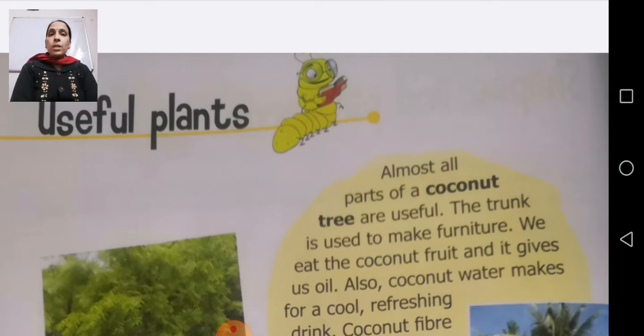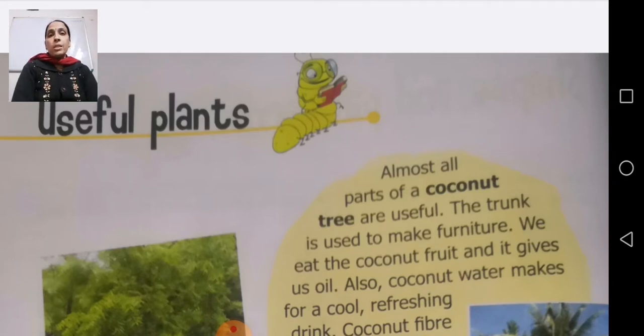So today these plants are related to medicinal uses, related to our household uses, and many more things. And all these things related to plants make them quite useful.